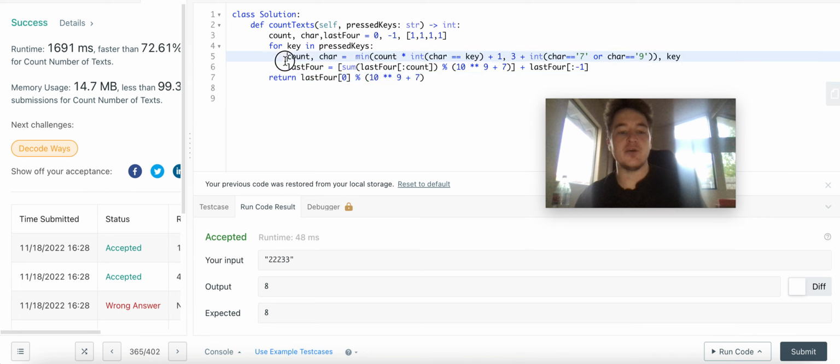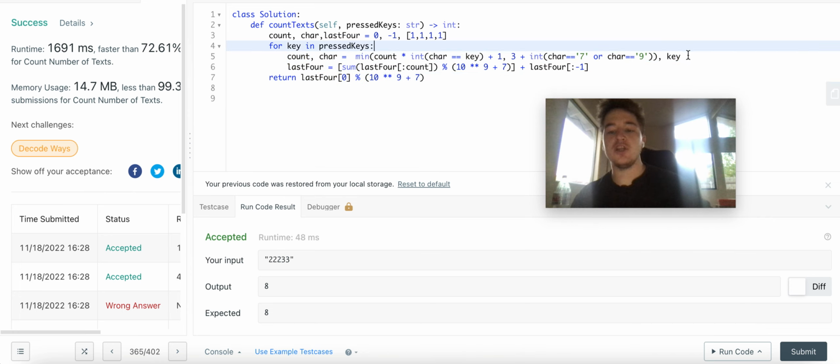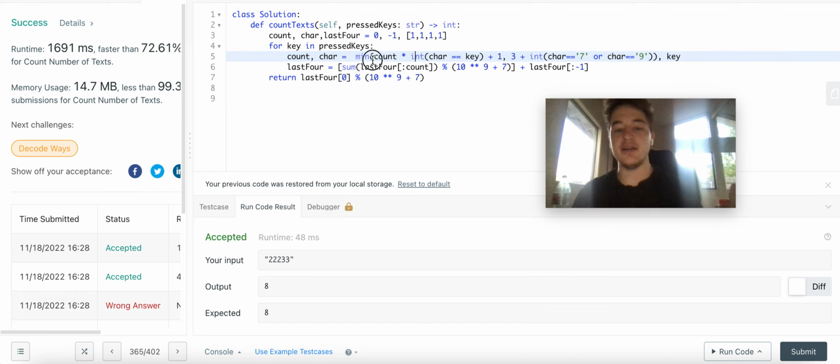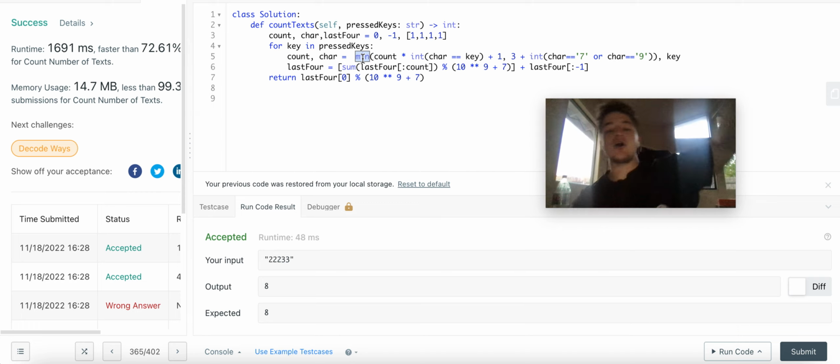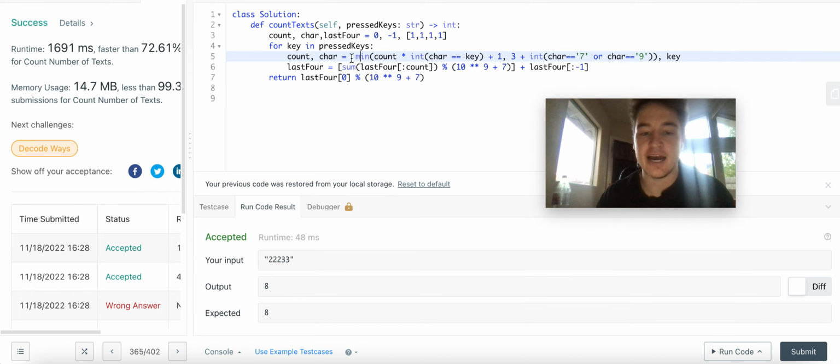And so basically, the number of things we can look back is the number of times we see something in a row, to a limit, right? Because looking at something 10 times in a row doesn't mean there's a key that corresponds to typing the same key 10 times. There's not a letter that corresponds to that. So you can type the same letter a maximum of 3 times to get a unique character, or 4 times if it's 7 or 9.